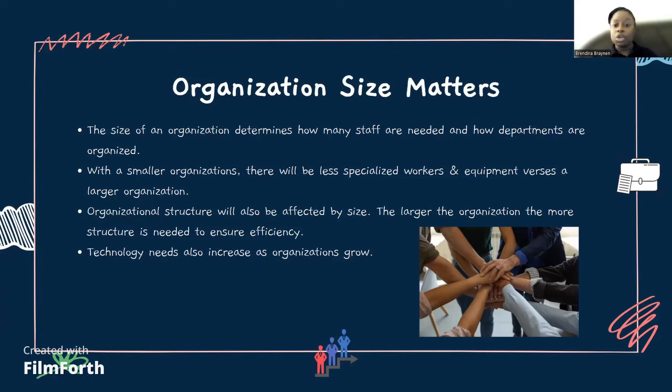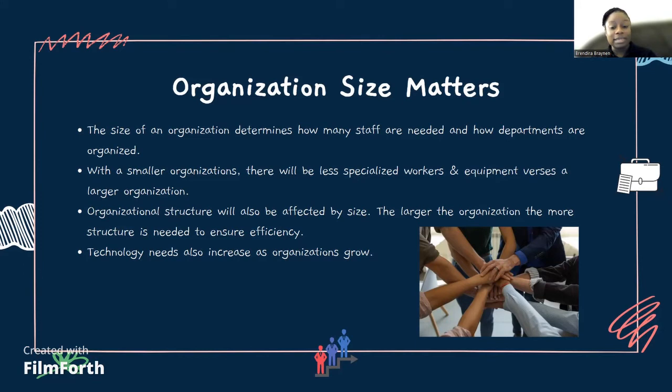For example, human resources is a department that's responsible for hiring staff, firing staff, training staff. And so in a big business, they're going to have a whole human resources department, maybe a whole manager, maybe a supervisor and staff. Whereas in a small company, maybe they can't afford all of that. And so maybe there's one person doing it, or maybe the owner takes that on. And so the size of the organization matters how the tasks are being done.